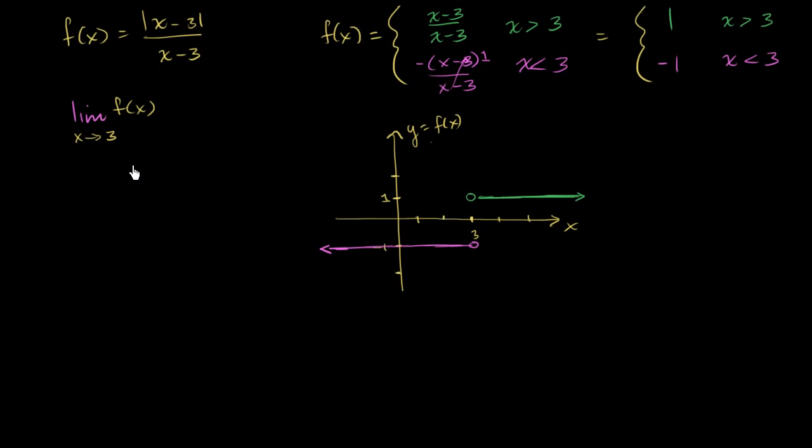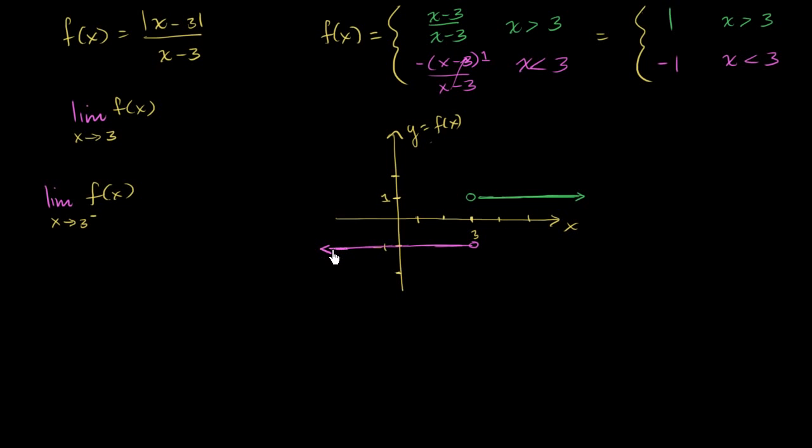What is the limit as x approaches 3? Well, let's think about the limit as x approaches 3 from the negative direction, from values less than 3. The limit of f of x as x approaches 3 from the negative direction. The negative as a superscript right after the 3 says we're approaching from the left.